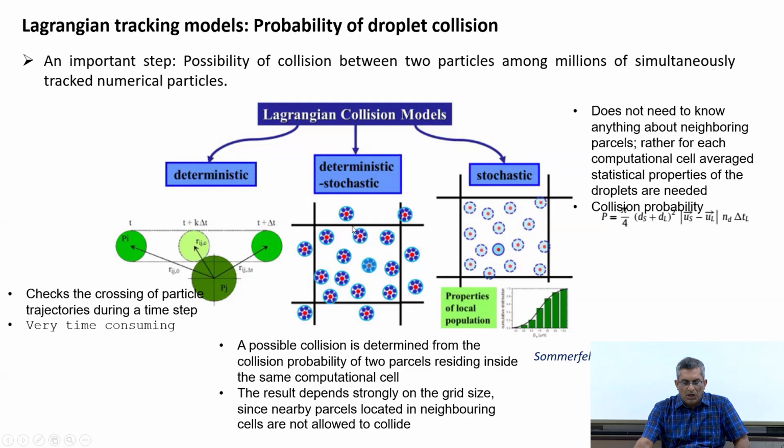For instance, you consider collision of this parcel with this and this one, but not with this, only because this is outside the cell. Then we have another advanced approach called the stochastic approach, where you do not need to know about the neighboring parcels. So, this is fully stochastic. For each computational cell, we use average statistical properties of the droplets which are needed to calculate the collision probability. So, this is an advanced approach.